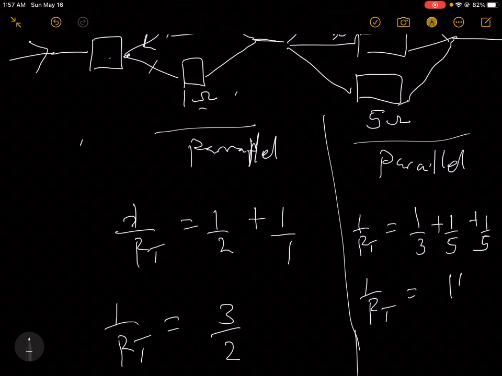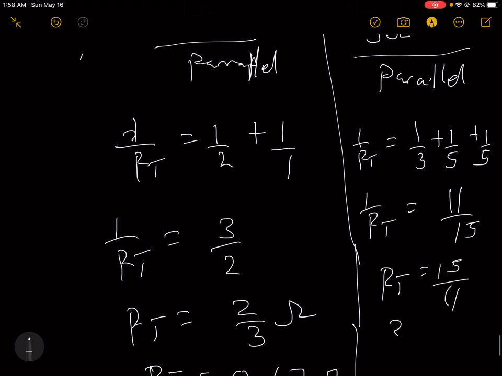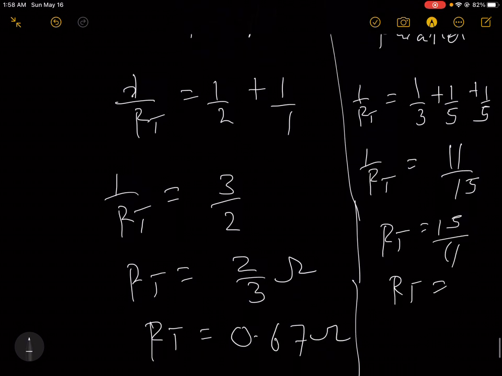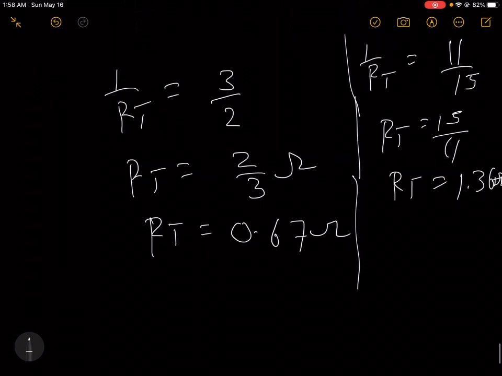Okay, so this is 11 over 15. So RT will be 15 divided by 11. RT equals 1.36 ohms. Yeah, 1.36 ohms.